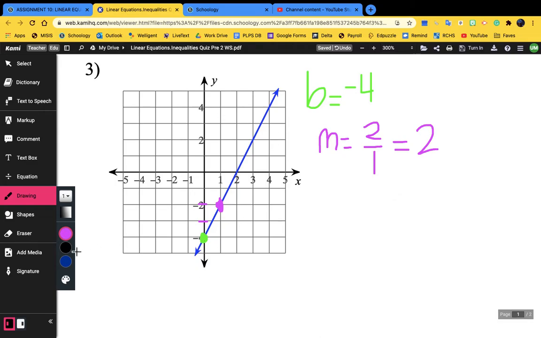Okay, so my equation is y equals m. My m is 2. Sorry for the terrible 2, everyone. Y equals 2x minus 4. Look at that.